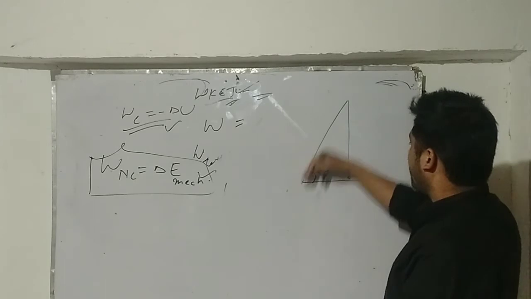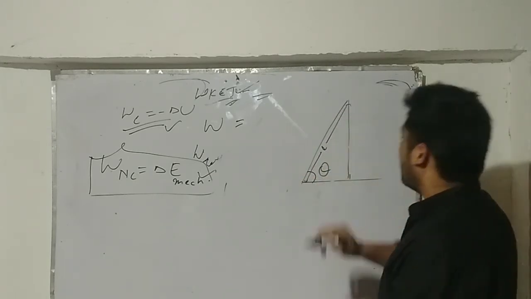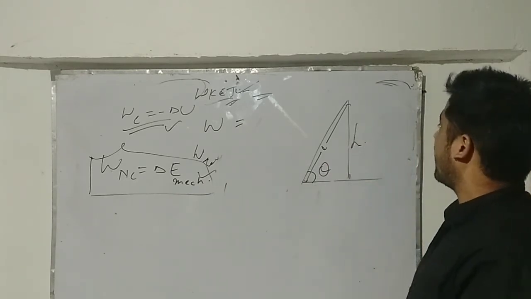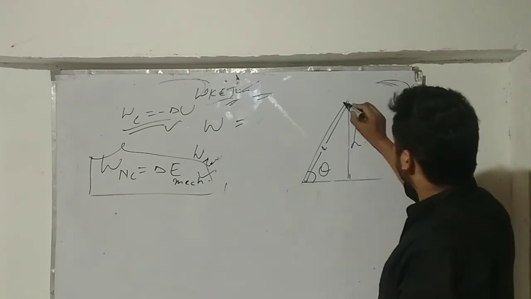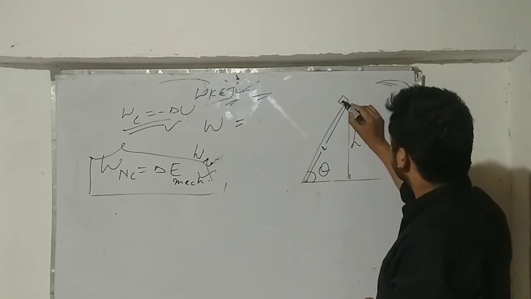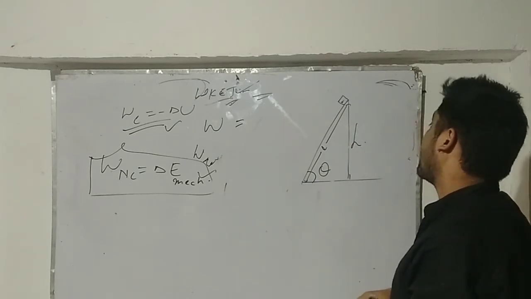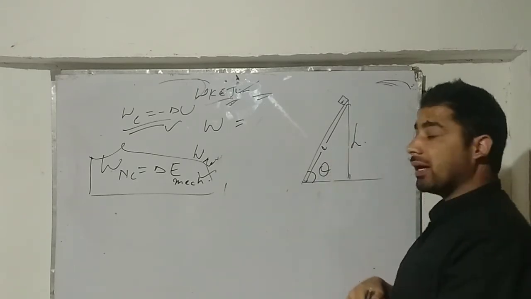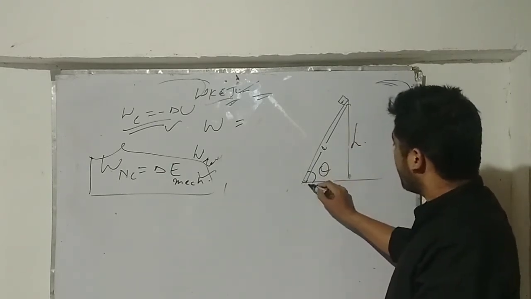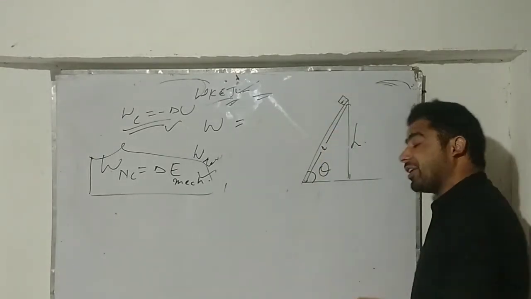Let us assume that it has a length L and this vertical height is H. My block is at the topmost point, and the block mass is M. It is going to lie on this rough incline of length L. If I want to know when the block reaches the bottom, what will be the velocity, or the speed, of this block?